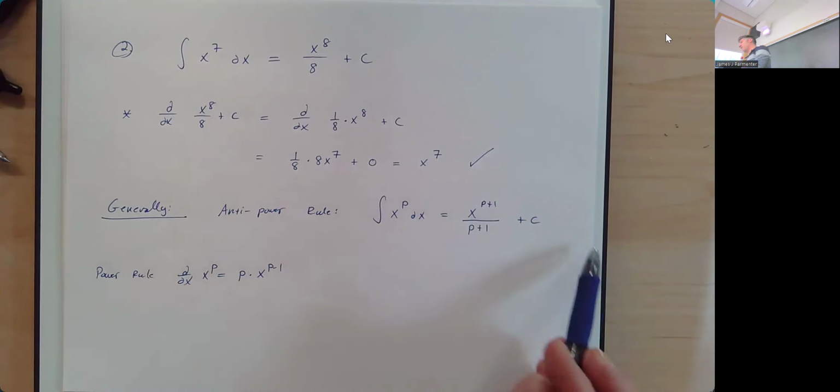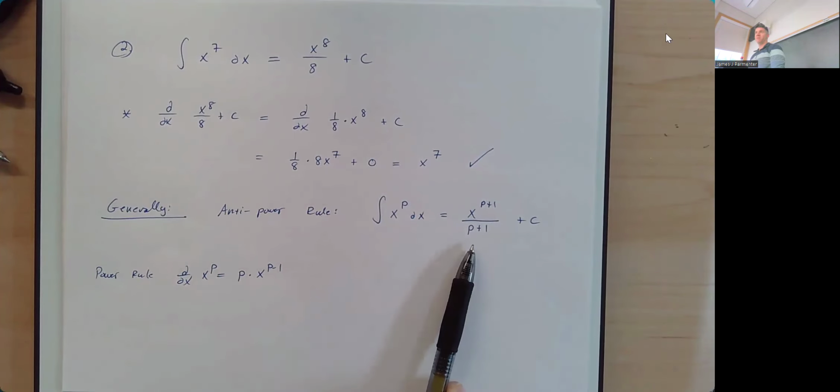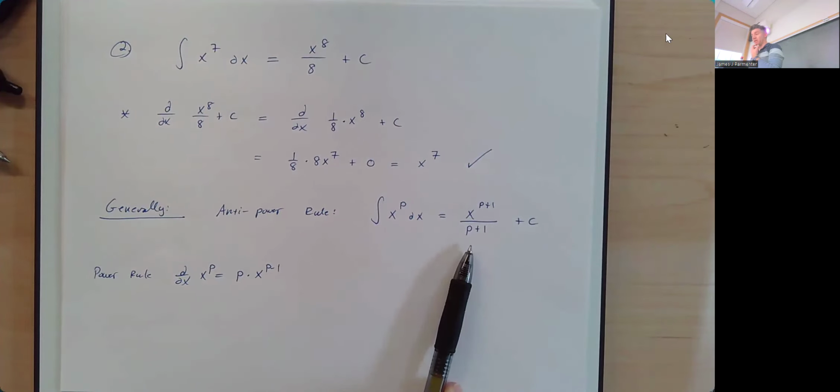There's one thing I failed to say here. This rule, there's one power it doesn't work for. What value of p would be problematic in this expression over here? If I'm dividing by p plus 1, right, I don't want to divide by 0, meaning I don't want p to equal -1.